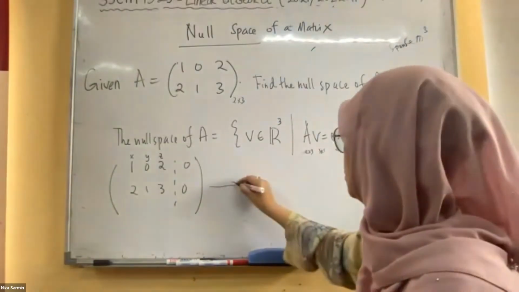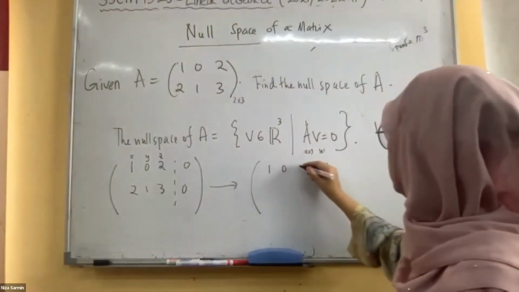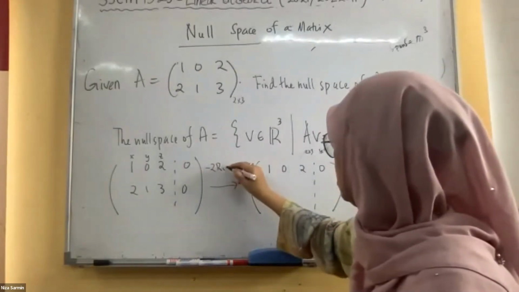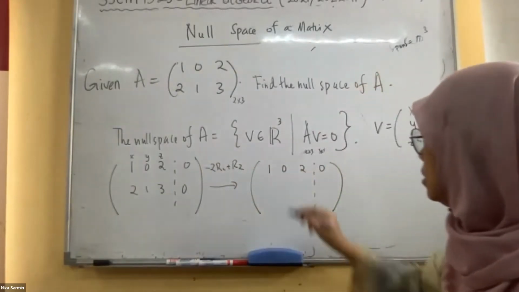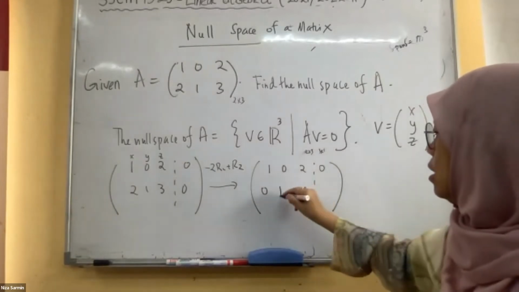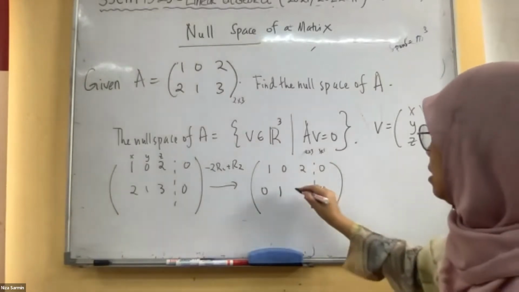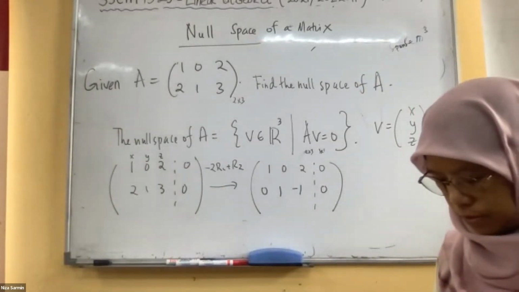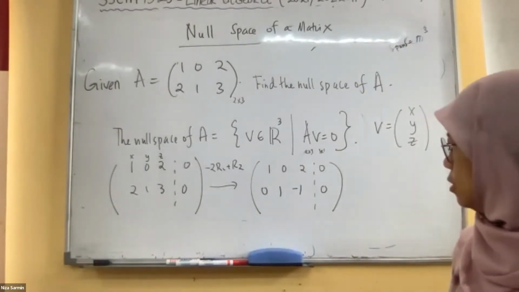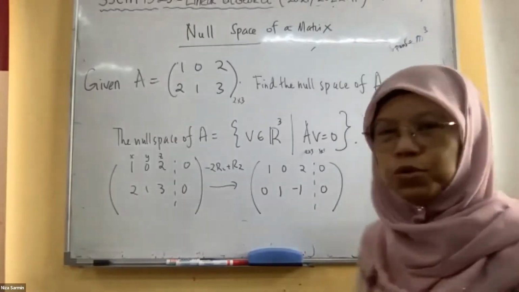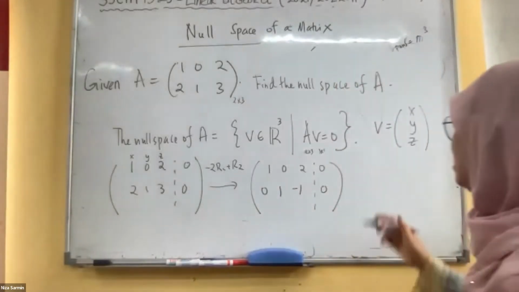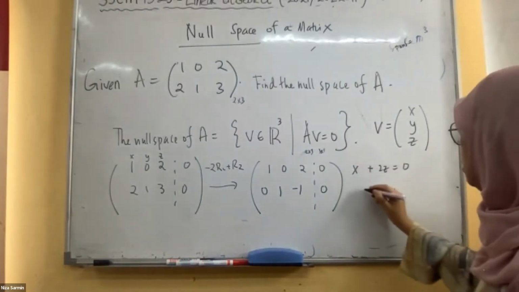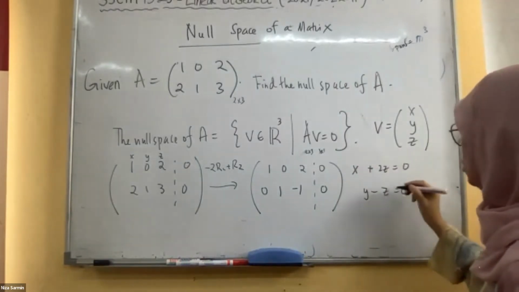Reduce. 1, 0, 2, then negative 2 R1 plus R2, 0, 1, negative 1, 0. Then you want to write your answer. So x plus 2z is 0, y minus z is 0.